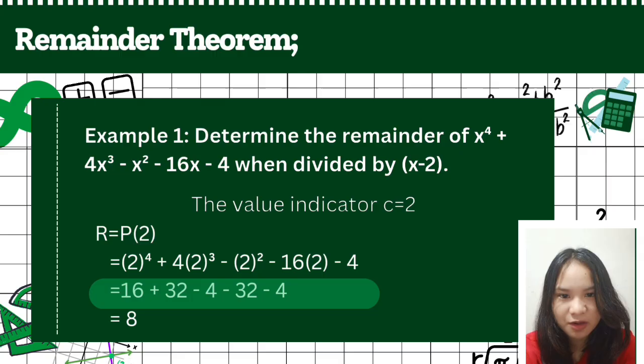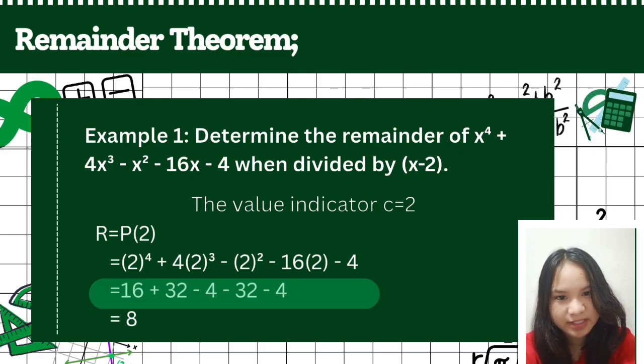Here, in 4 times 2 cubed, let's first do 2 cubed. 2 times 2 times 2 is 8, times 4 is equal to 32. Then for 2 squared, 2 times 2 is equal to 4.